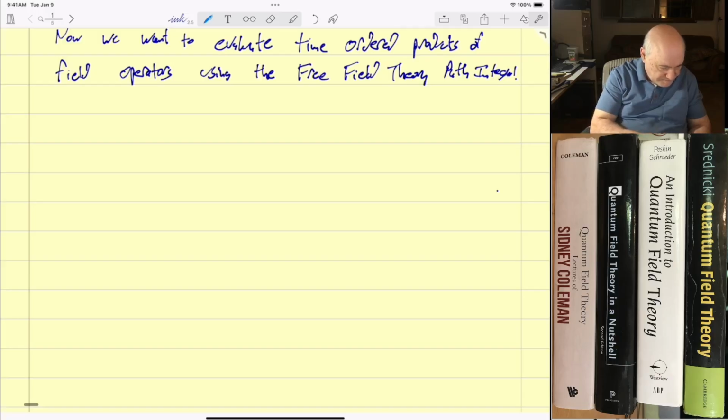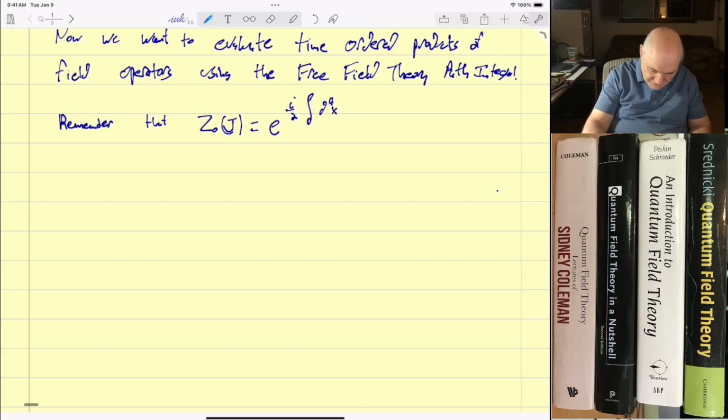And so we remember that we've established one formula for Z0[J], e to the i over 2, the integral of d4x d4x prime J(x) Feynman propagator J(x prime).